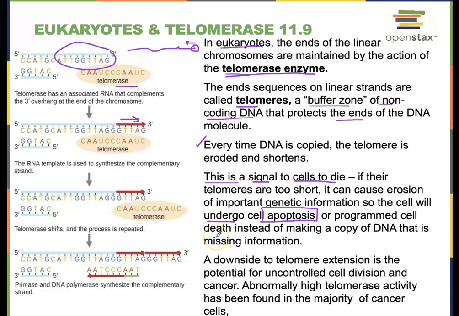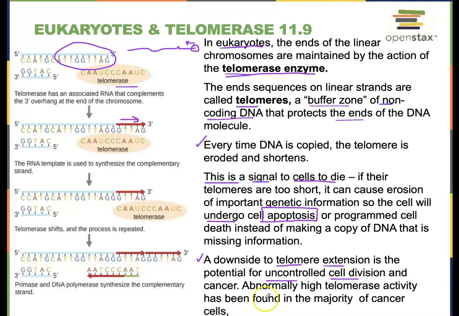There is a downside of this, and the downside is that when you have telomere extension, if you're adding more telomere, cancer is basically uncontrolled cell division. You get cells dividing and dividing and dividing.